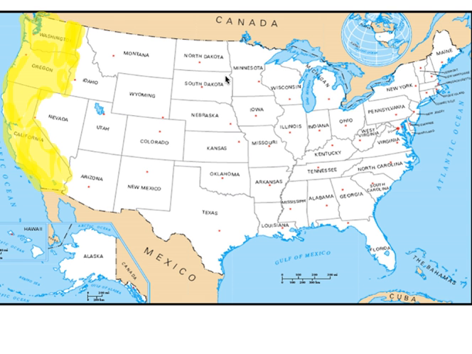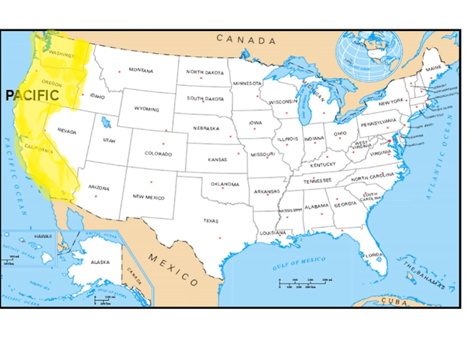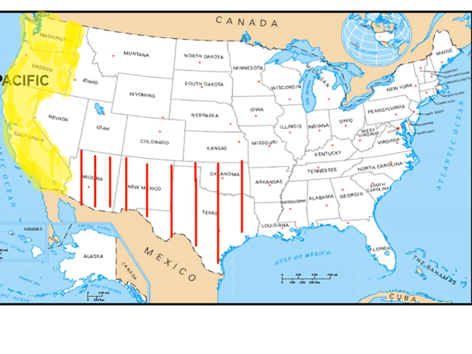We'll start with the first section, which is the Pacific region that I've highlighted over here in yellow. This region is right next to the Pacific Ocean, and it consists of the states of Washington, Oregon, and California. The next section we'll look at is the Southwest, consisting of Arizona, New Mexico, Texas, and Oklahoma.